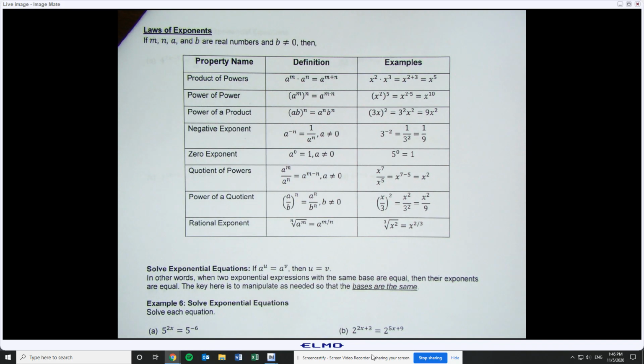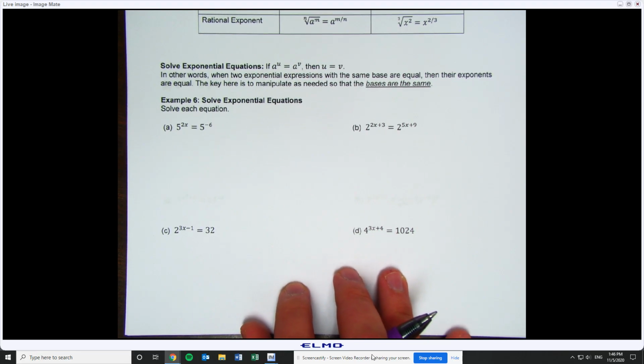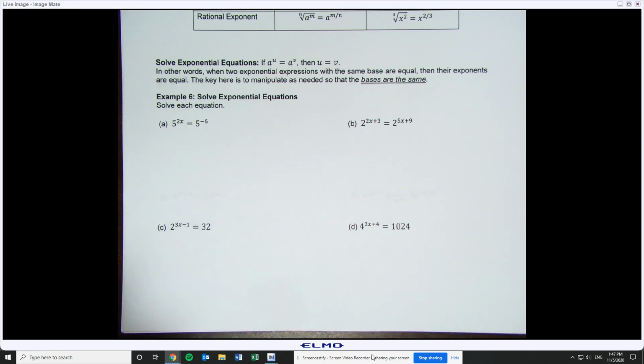All right, now these are very useful for manipulating exponents, so you can use them to help simplify or solve equations. Okay, so all we're going to do for the rest of the lecture is work on solving exponential equations. And these aren't the only type of exponential equation that you'll run into, but they're the most common ones that you will see right now.